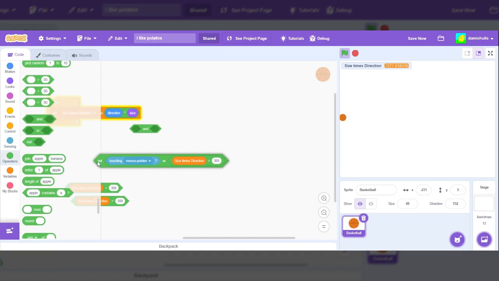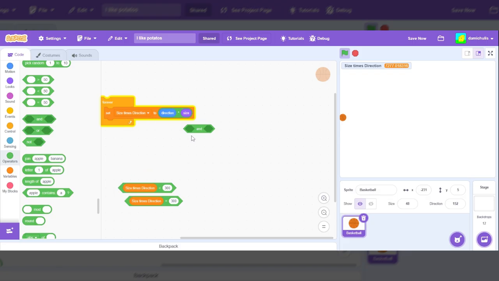Okay. Then there are the wordplay things. Join apple and banana: apple banana. Join I like potatoes: I like potatoes.